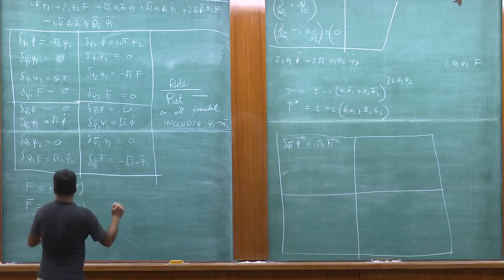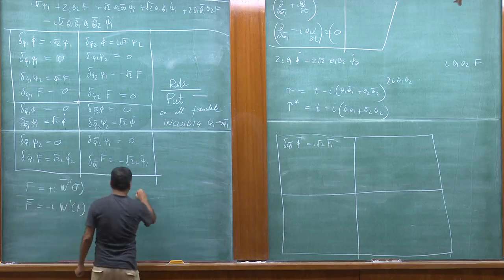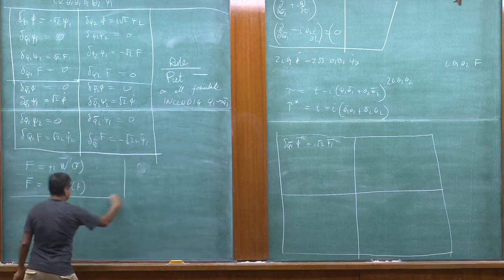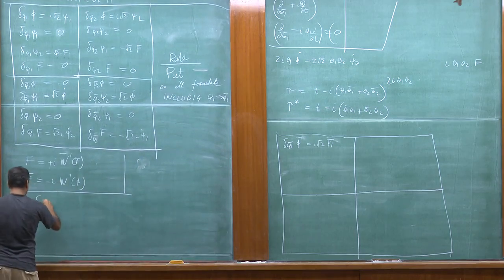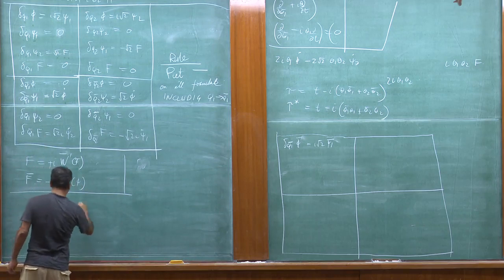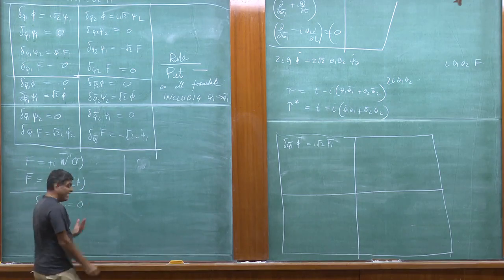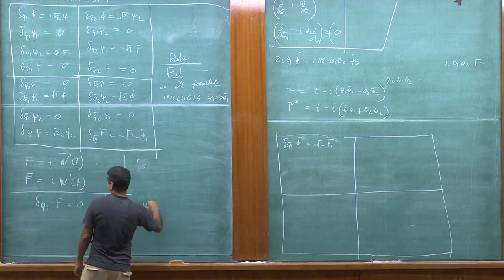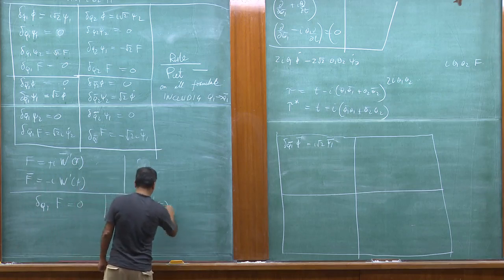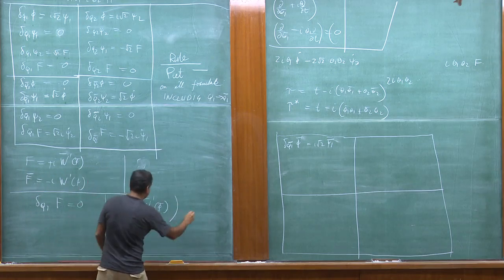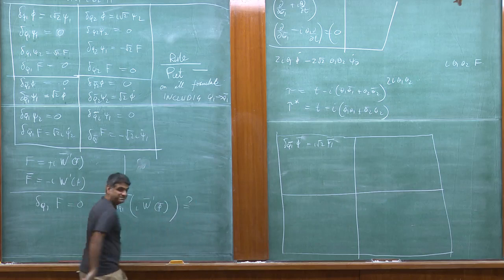So these are the relations I'm going to check. Delta Q1 on F is supposed to be 0, but F was this function of phi bar, F was I W bar prime of phi bar. So we want to know whether it's true that delta Q1 on this quantity is actually equal to 0.